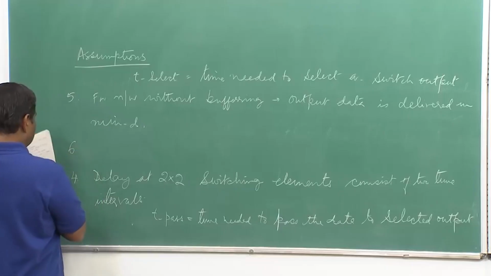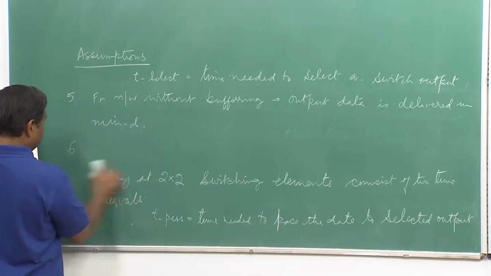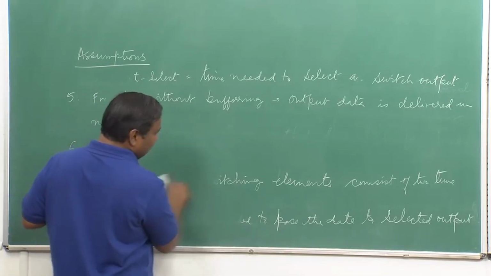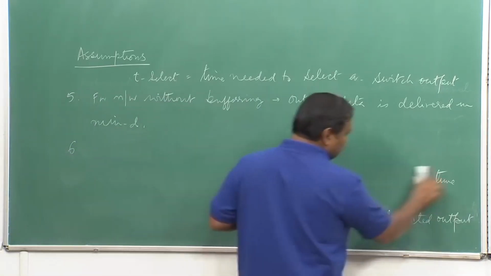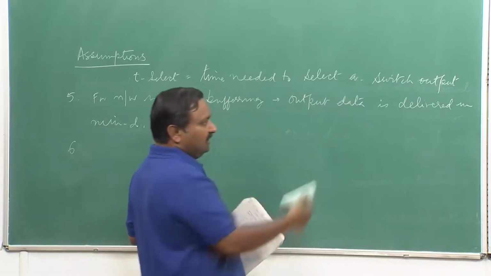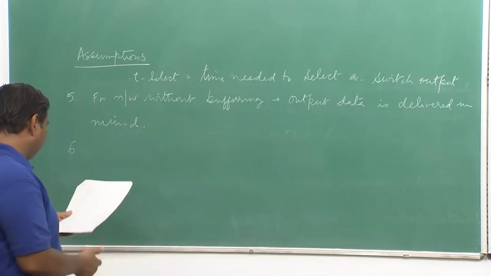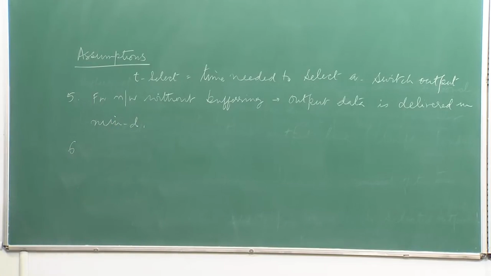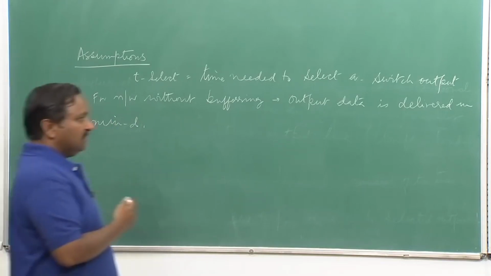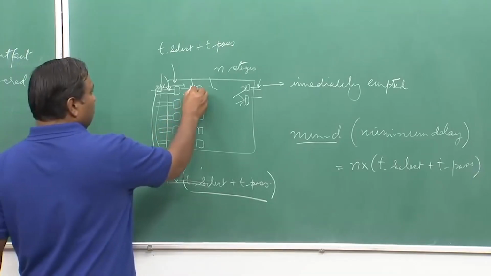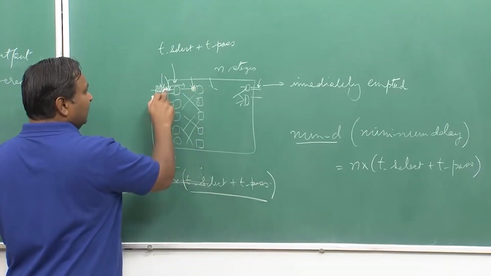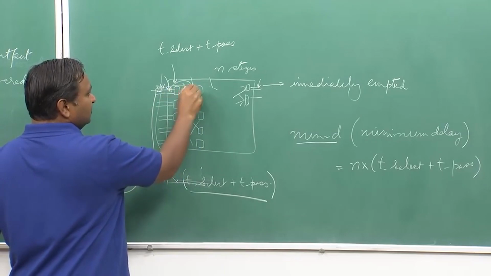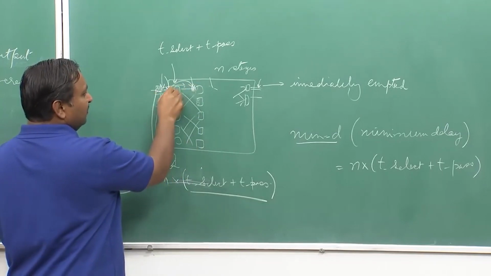So, the sixth one: what happens with buffering. Here I have to give you the Petri net model, which can represent a 2 by 2 element with buffering. Remember, a back pressure mechanism is implemented when the network is with buffering. If the buffer is occupied here, then the packet cannot move from this to this; it will remain buffered.